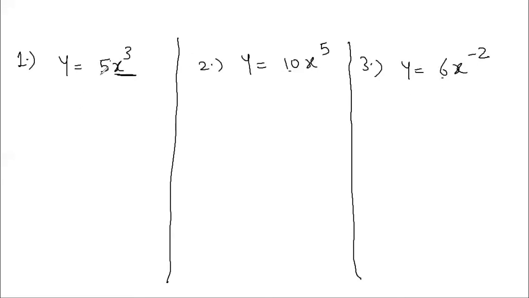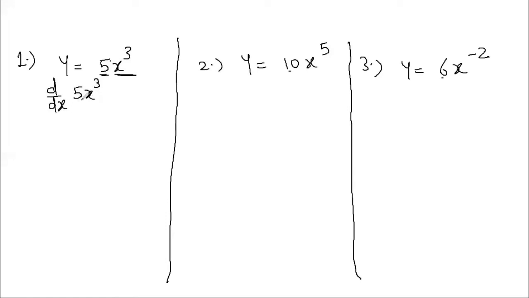So whenever a constant is attached with the variable, what are you going to do? I told you the differentiation of a constant is always zero, and that is true. But right now, there is not only a constant here, there is a variable also, and both are in multiplication. So in this case, you will start your question with the same style, differentiation of 5x cube. Is that okay?